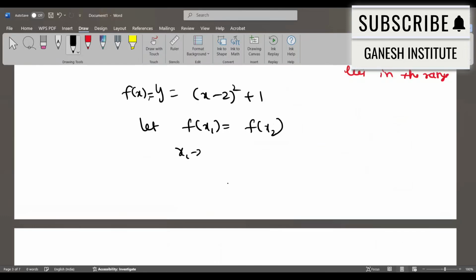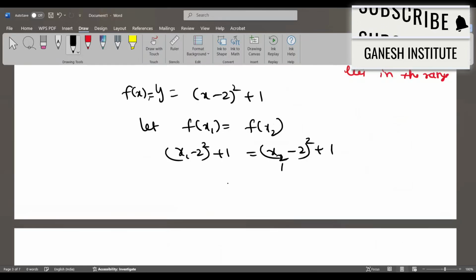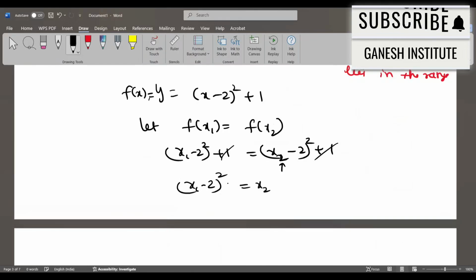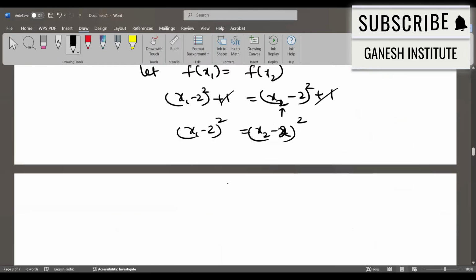Then x1 minus 2 whole square plus 1 is equal to x2 minus 2 whole square plus 1. This is called subscript. So you can see 1 is gone.